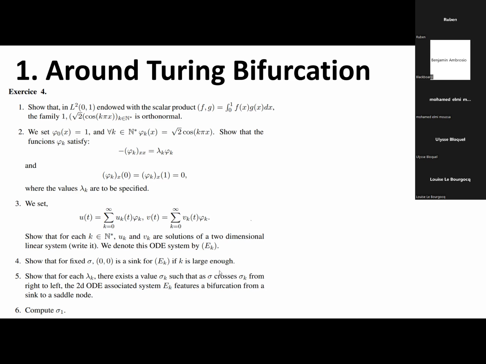So the meaning of that is, 0, 0 will be attractive. If I fix sigma, 0, 0 will be attractive for a lot of Ek.